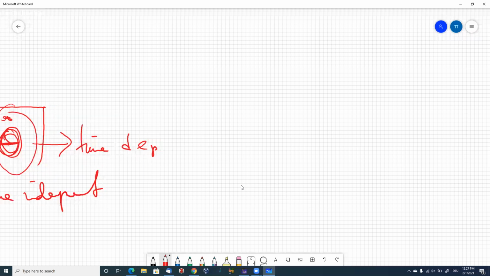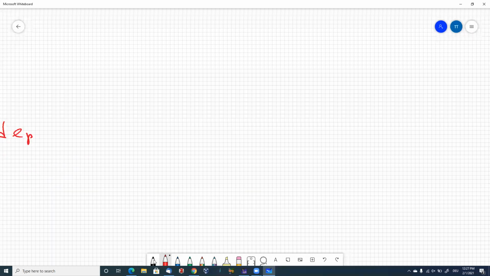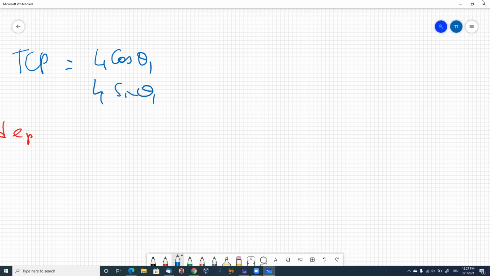On this point we started to discuss different approaches for a Jacobian. For example, if you have the position of the joint as L1 cos theta 1, L1 sin theta 1, 0, 1, this is only the position of the joint with respect to 0.